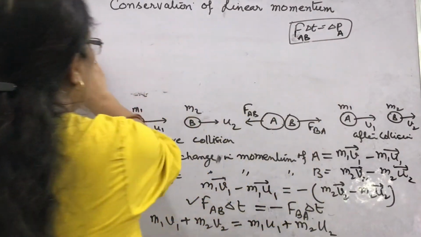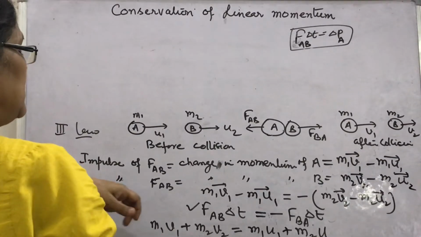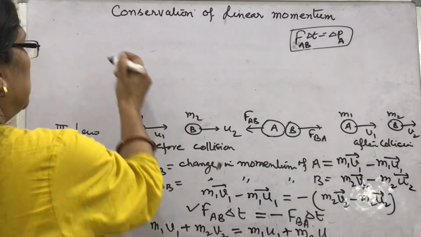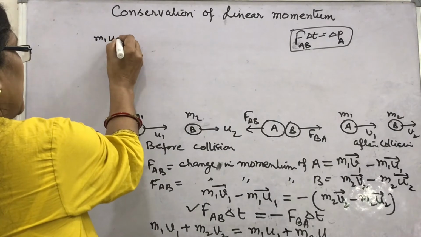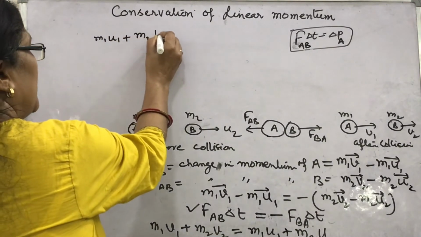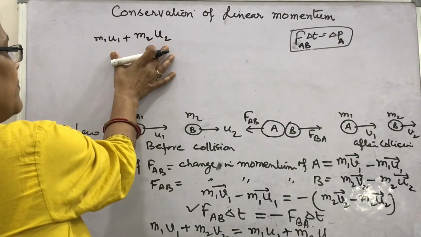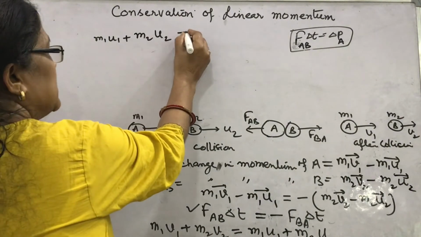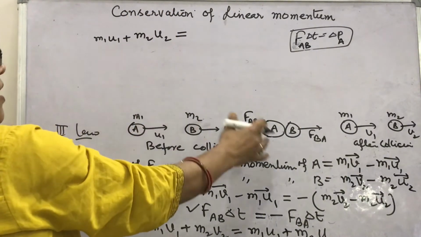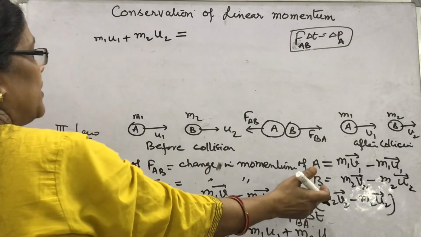What does it mean? What is the momentum before collision? The net momentum, we have seen, is m1u1 plus m2u2. This is the net momentum before collision. And what will be the net momentum after collision?